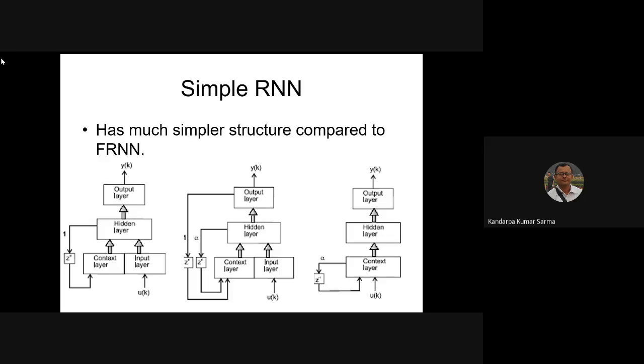The first one is called the simple recurrent structure, where the feedback path can be a localized one from layer 1 to layer 2 or from layer 3 to layer 1, but not in all the layers concurrently.